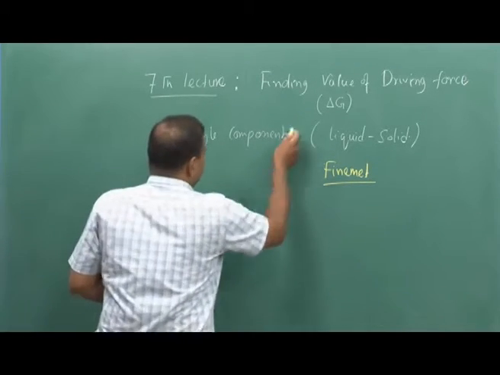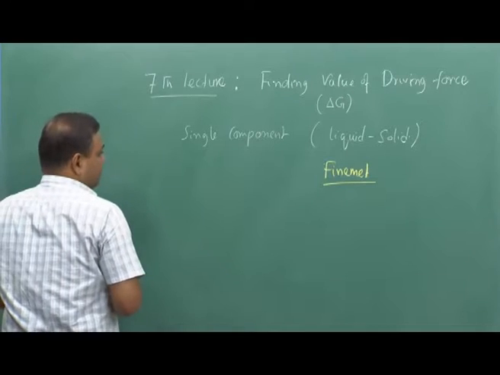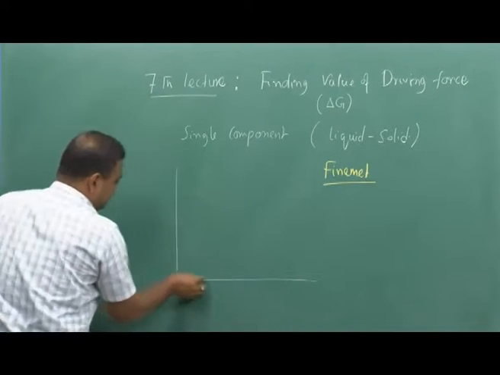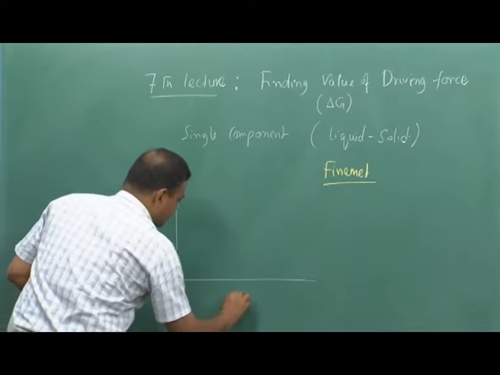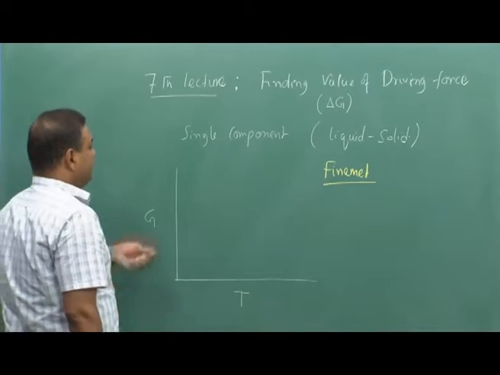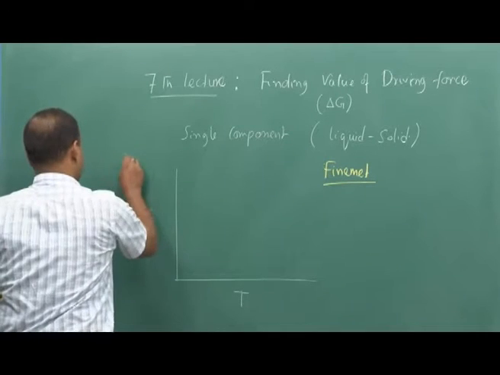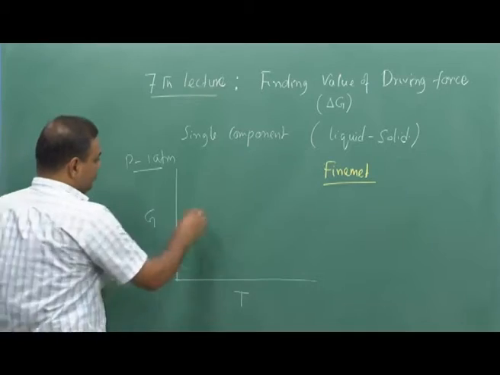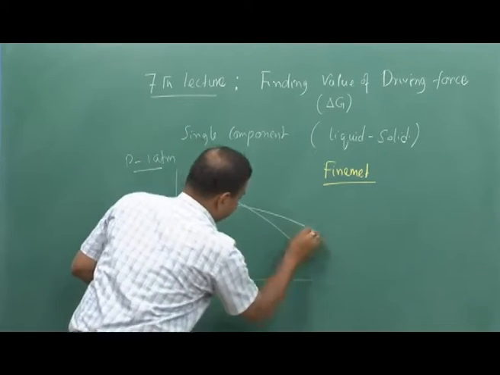Now, we have seen from our previous lectures that in case of solid liquid transformation, if we plot G versus T for a single component system at constant pressure, let us consider 1 atmosphere, we get this kind of graph.